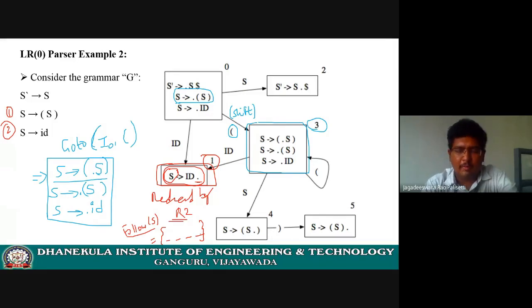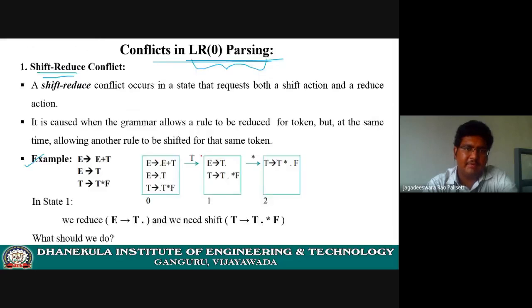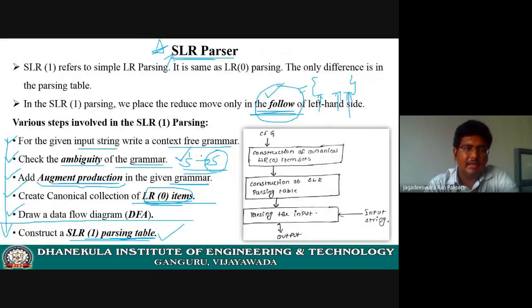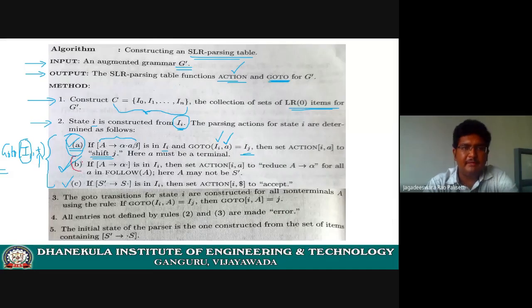Am I clear? So go back to the algorithm. What does point B say? Please observe the production clearly: A derives alpha dot means that in this production, the dot operator doesn't have any movement.